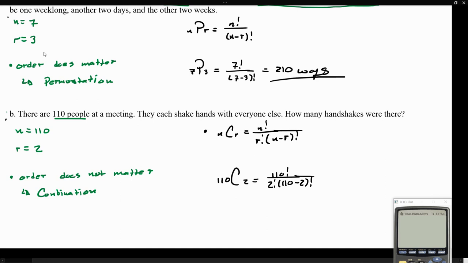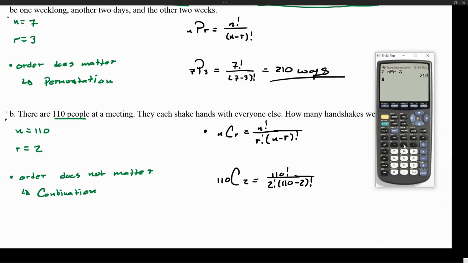We're not going to compute it manually. Let's let the calculator do the work for us. So we're going to press 110, math, and go to probability. We're going to go to option 3, which talks about combination. I'm going to press enter, but we don't press enter right away. We've got to put a 2 on the right hand side.